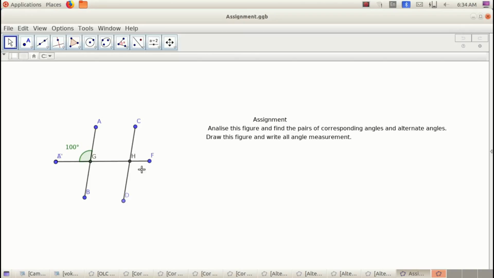First of all, you draw a figure like this. How much is here? 100 degrees. Then you know how we can draw here? The measurement of here and here are the same. With the same slant we can draw it. First of all, draw this line.